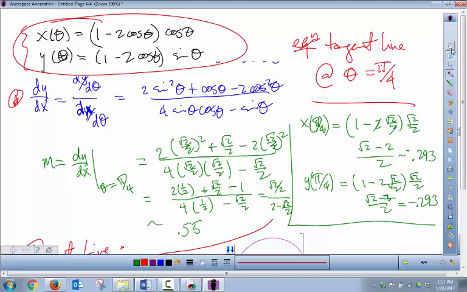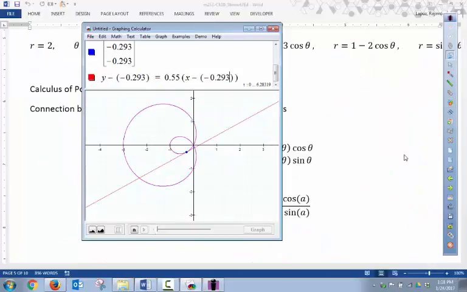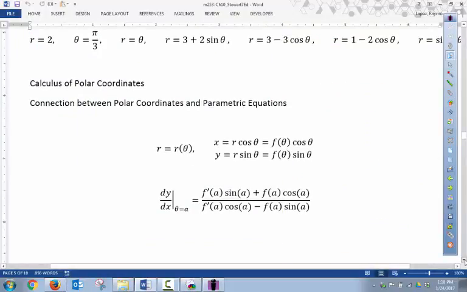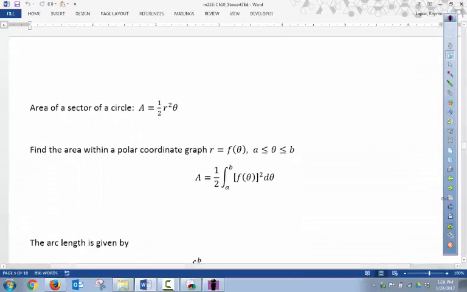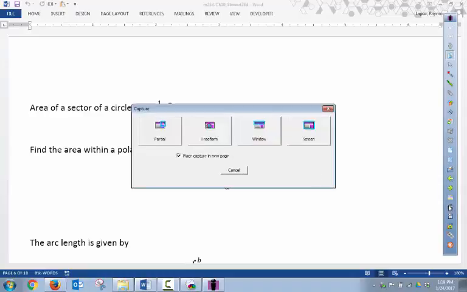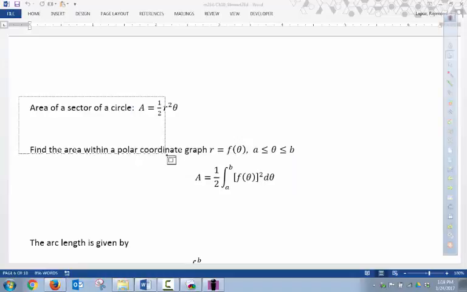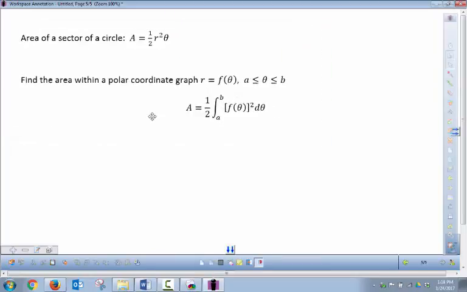Now, what does that mean? So I'll just pop the formula up, and then we'll talk a little bit about this.